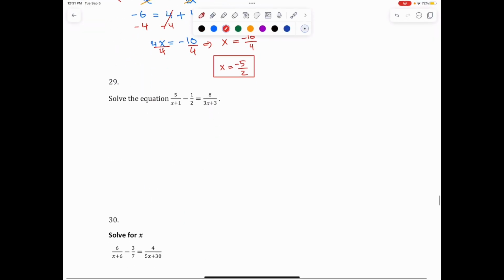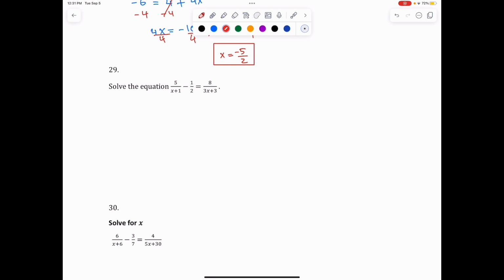Number 29. We're going to multiply with the least common denominator. And before doing that, notice how I can factor out the 3 from the denominator of this term. So 5 over x plus 1 minus 1/2 equals 8 over 3 times x plus 1.